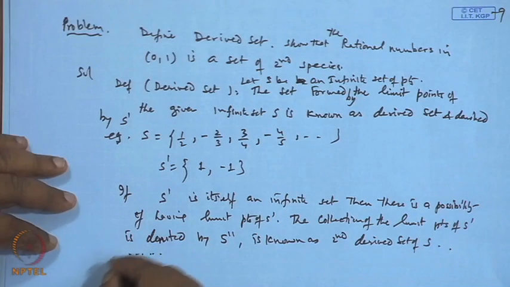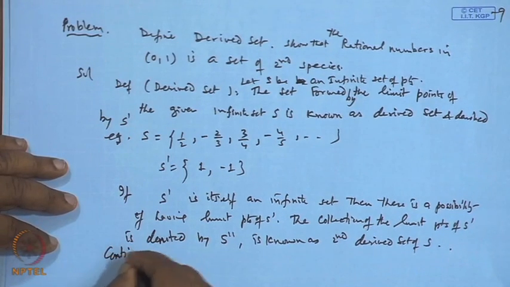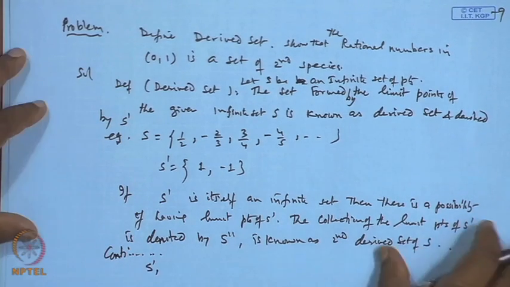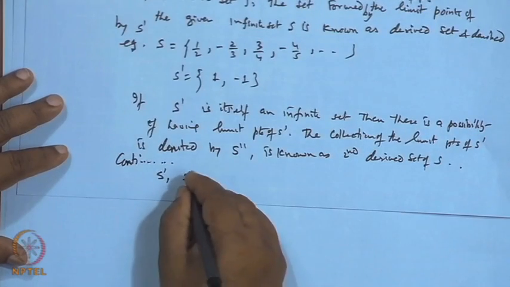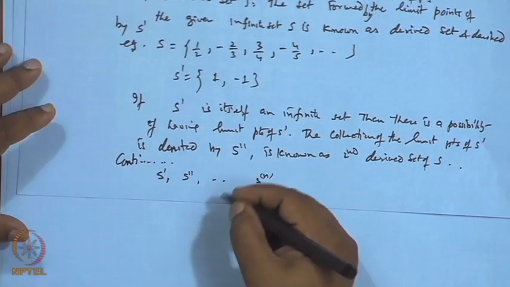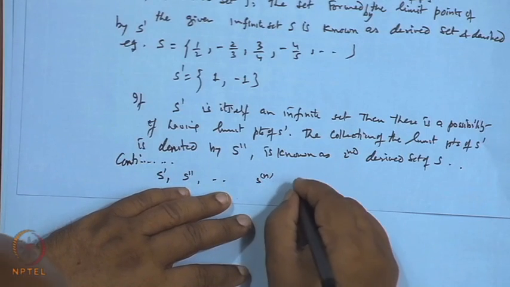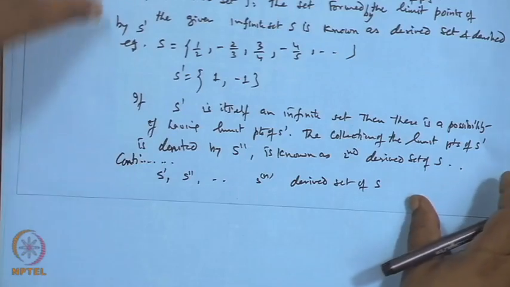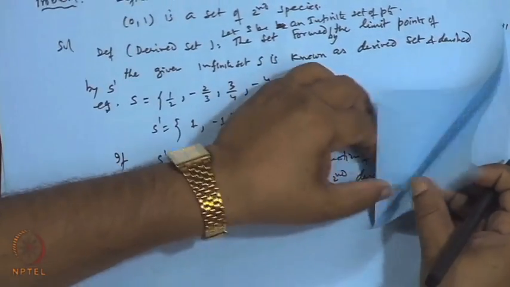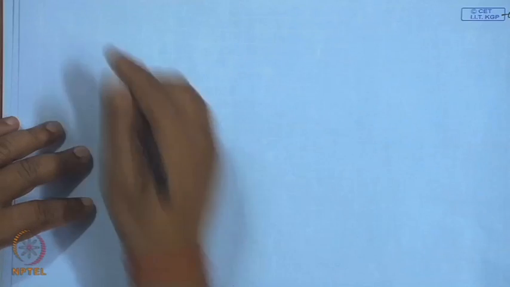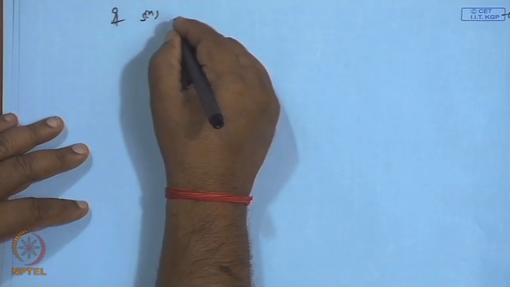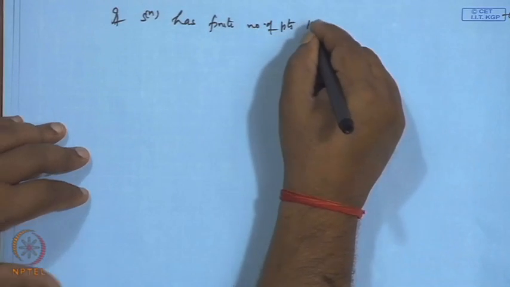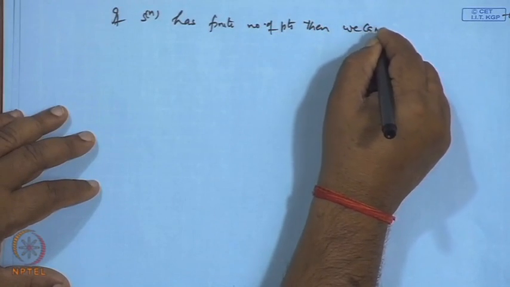S dash is the first derived set, S double dash is the second derived set, S n is the nth derived set of S. If the nth derived set has a finite number of points only, then we cannot go further.